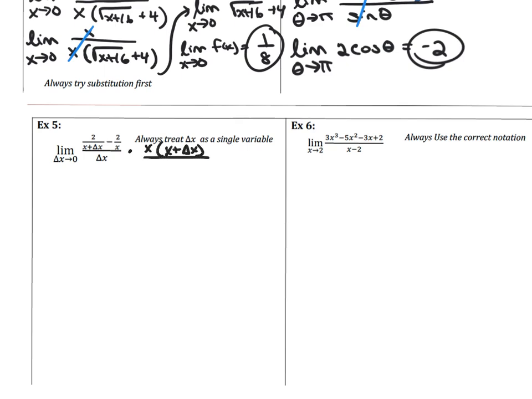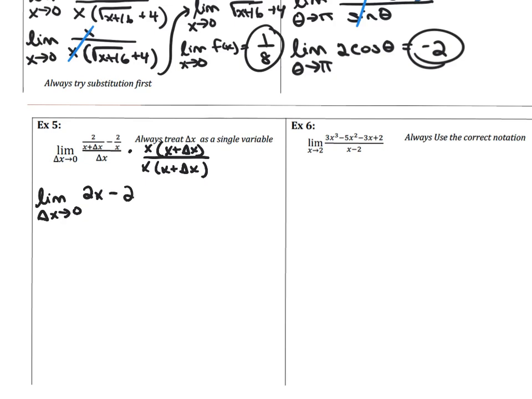We'll multiply the numerator and the denominator of our complex fraction. So we'll have the limit as delta x approaches 0. For the first fraction, when we're multiplying, the x plus delta x cancels out with this factor of x plus delta x, and we're left with 2x minus the 2.